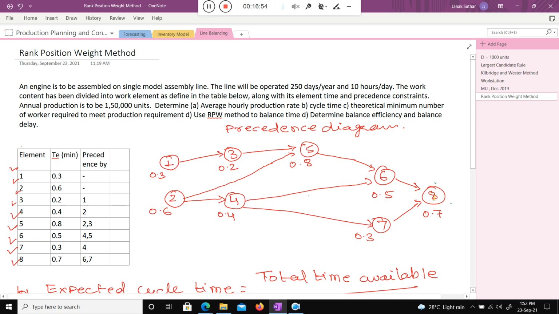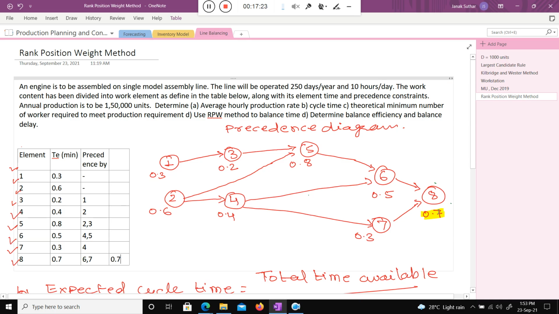When I talk about the last element, you just need to consider the timing of that particular element. So for element 8, the weight is 0.7. I just type it here, because I don't want to change color.